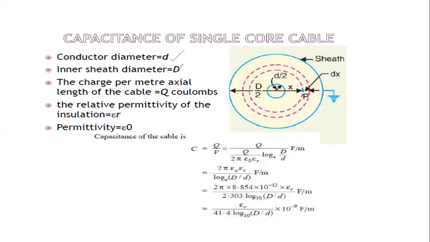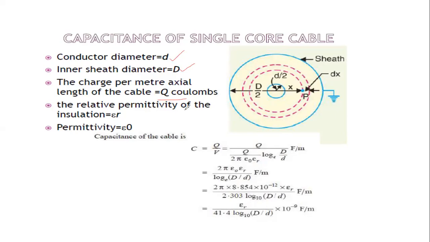Next, the inner sheath diameter, that means the insulation diameter, is capital D. The charge per meter axial length of the cable is Q coulombs.